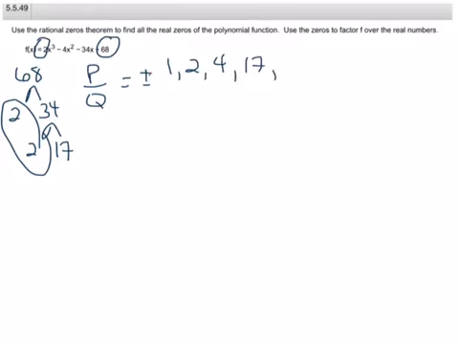And 2 times 17 is 34, and 4 times 17 is 68. So those are all the possible numbers that could divide into 68.